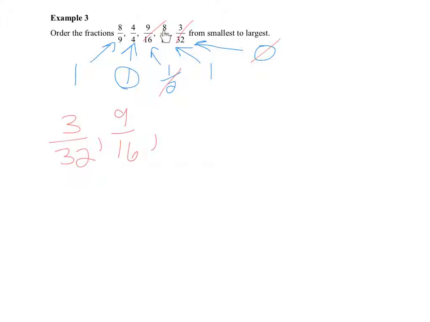Whereas this one, you have 2 empty slots, because 2 unshaded ones, because you have 8 out of 10. So 8 out of 9 is bigger than 8 out of 10. So that means that 8 out of 10 will go here, and then 8 out of 9 will go there. So 8 out of 10, and then 8 out of 9. And then obviously our last one is 4 out of 4.